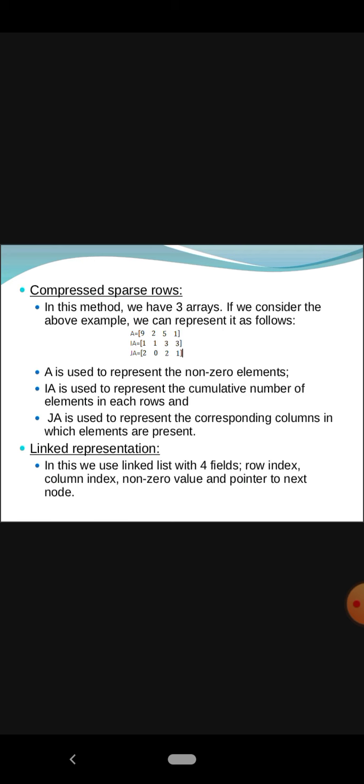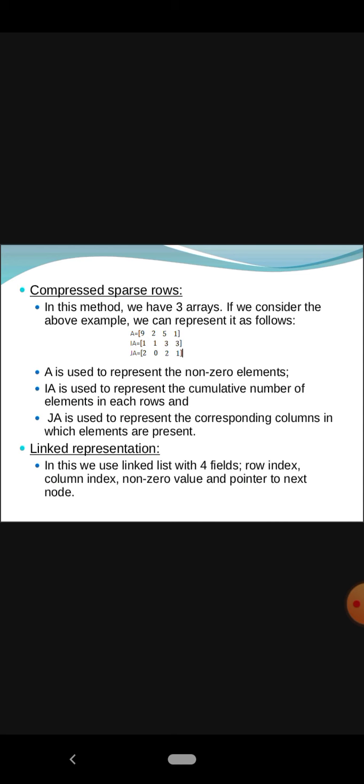So in compressed sparse matrix, we have three arrays. First one is used to represent the non-zero elements, and the second one is used to represent the cumulative number of elements in each row. If in the first row there is no value, then we have to check the second one. So if there is an element in the second row, we can write 1.